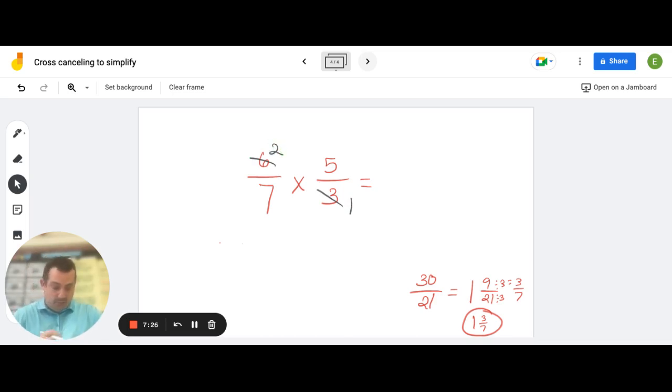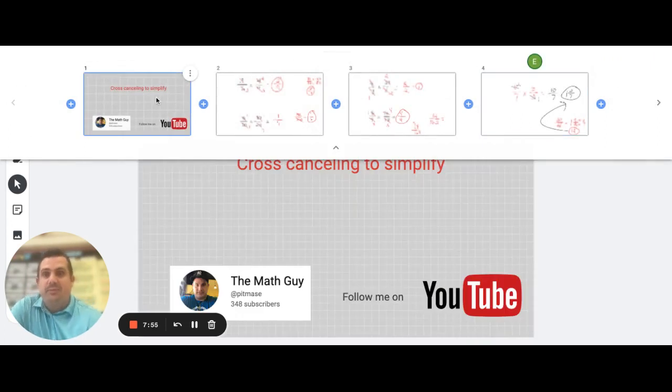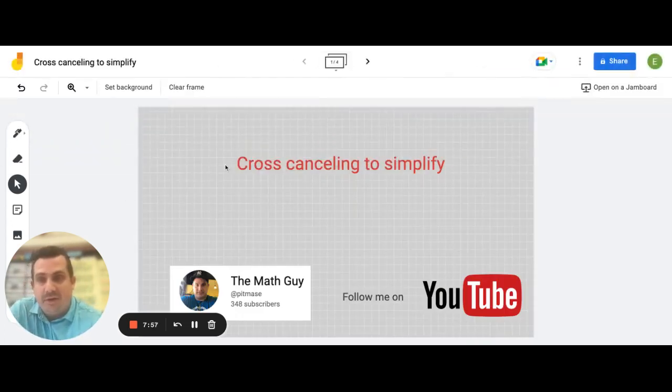Now you multiply straight across. 2 times 5 is 10, and 7 times 1 is 7. Now 7 into 10 is one time, 3 left over, and your denominator is 7. 1 and 3/7, and that matches up. So that example had only one set that could cross cancel, not both. And you won't be able to cross cancel at all sometimes, but it's just a strategy that will help. So hope that video helped.